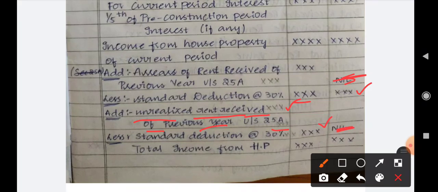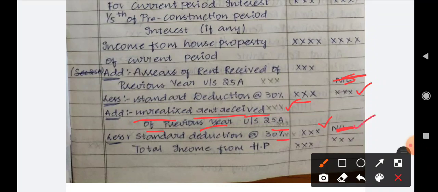Sometimes previous year there may be let out, now as tenant is not paying the rent, the tenant was made to vacate and it has been used for self occupation by the owner itself. Later on, if the tenant pays the unrealized rent, then that unrealized rent will be taxable in the year when it is realized, but after deducting 30% standard deduction.